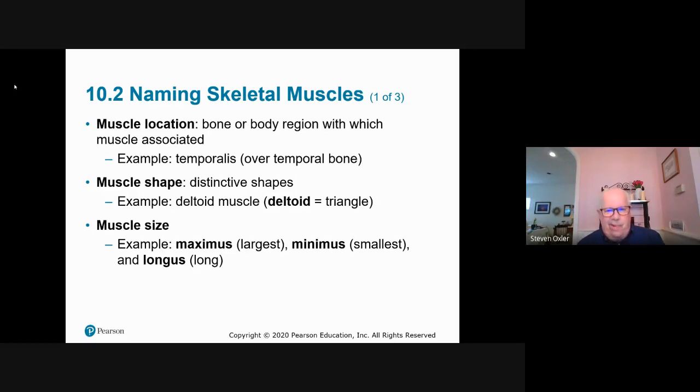Maximus, meaning the biggest, minimus, meaning the smallest, and longus, meaning the longest. And the shortest is a word called brevis. So maximus, minimus, longus, and brevis refer to the actual size of the muscles.